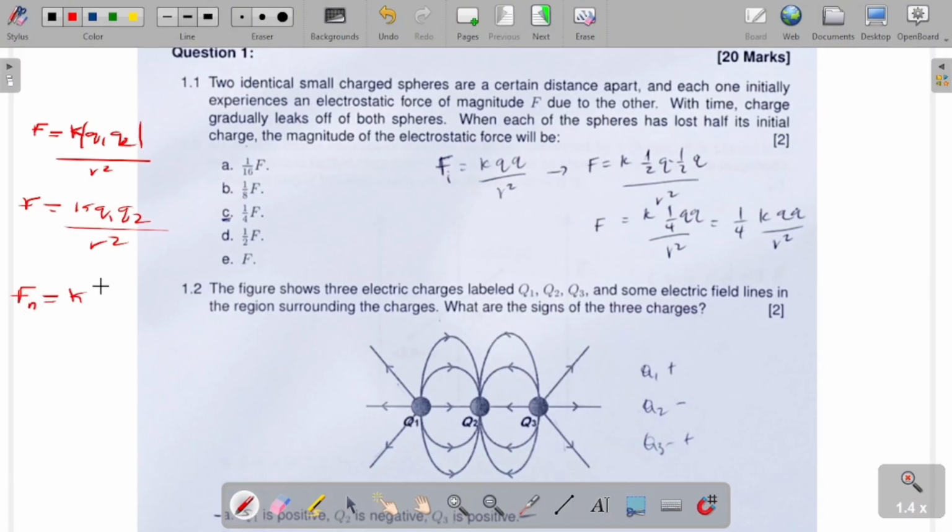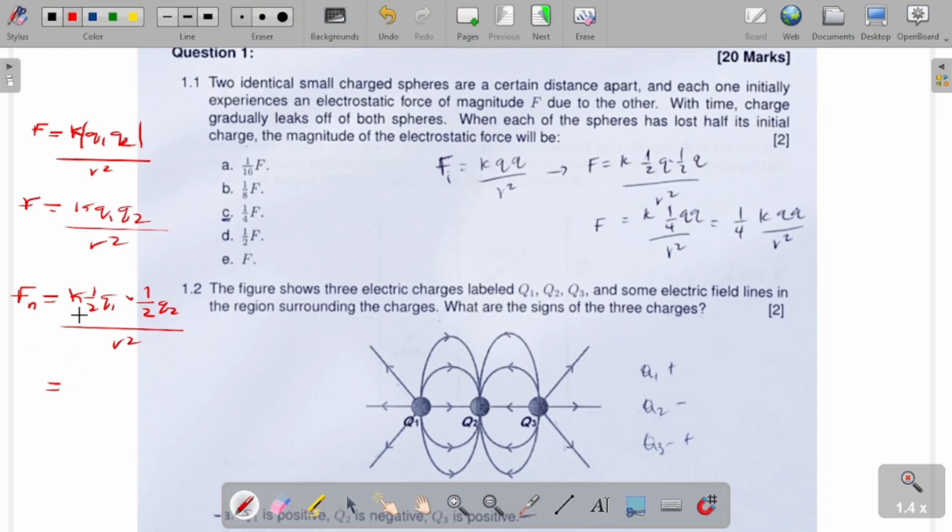So Fn will be half of Q1, and then half of Q2 over R squared. Everything is still as it is, only half of the charges.